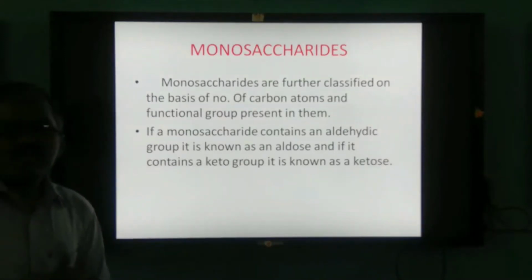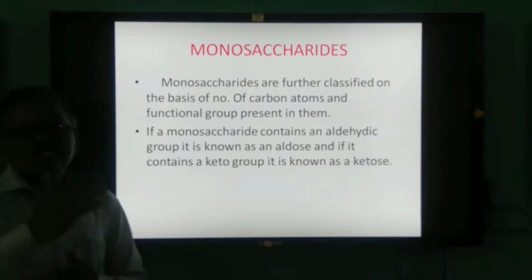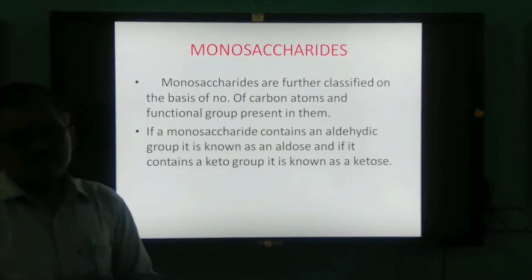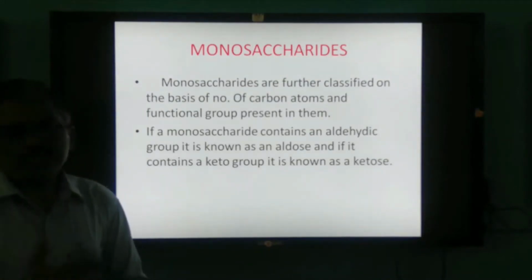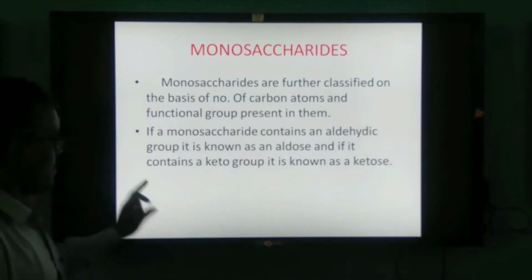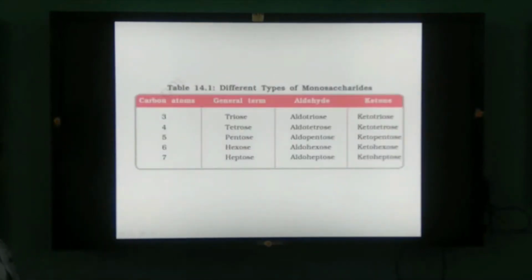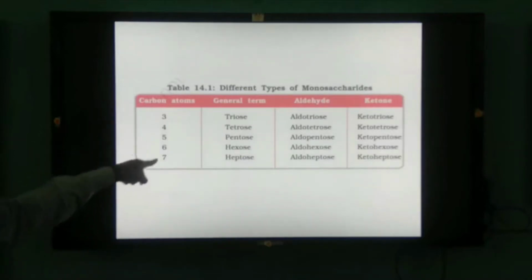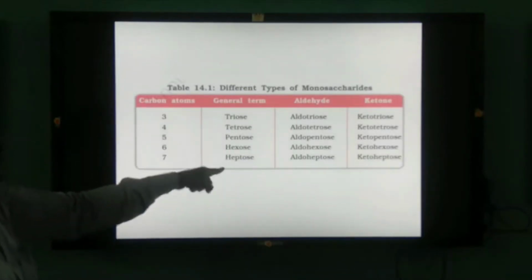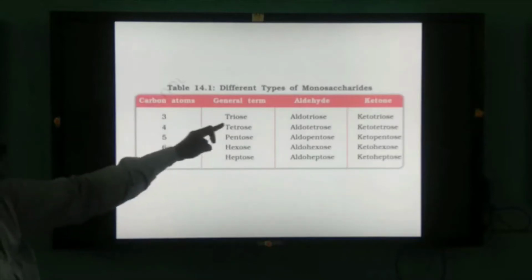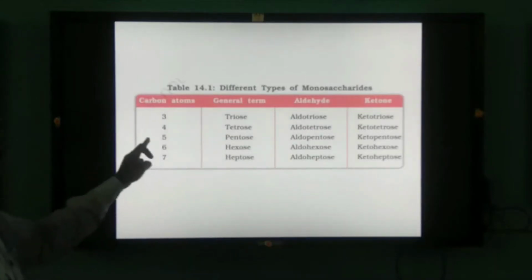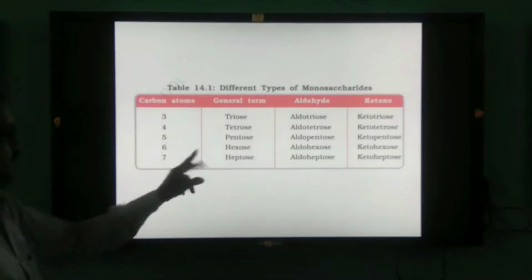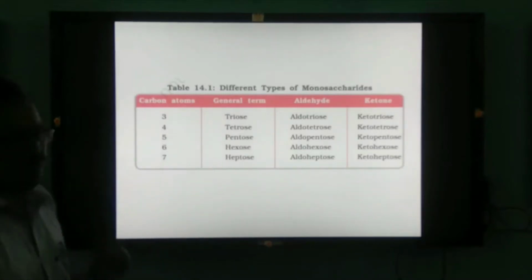Now if it contains 3 carbons, it is a triose, 4 carbons tetrose, pentose, like that, depending on the number of carbons. Now you see the table: 3 means triose, 4 means tetrose, 5 carbons pentose, 6 carbons hexose, 7 carbons heptose.